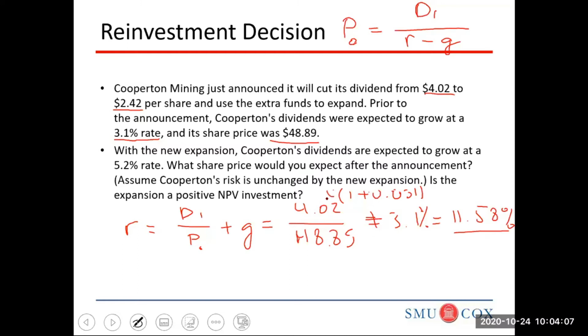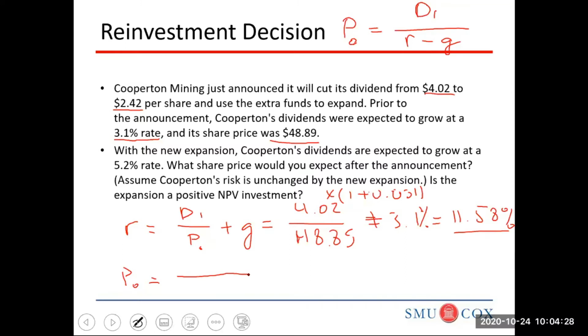So basically, we just have to grow the dividend to the next period. And then when we apply it in the second part, so we'll be doing P0, right? Let's be careful to use the expected dividend next year.